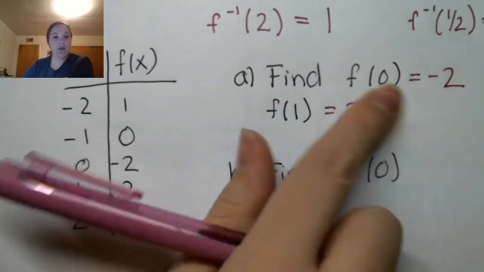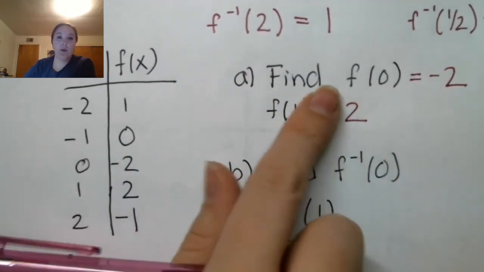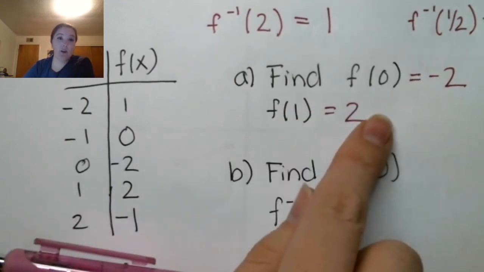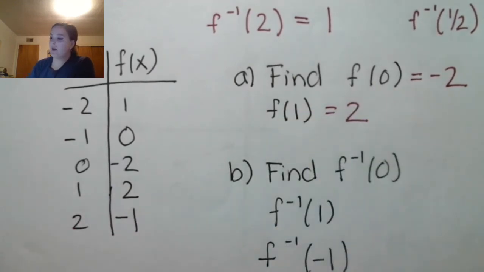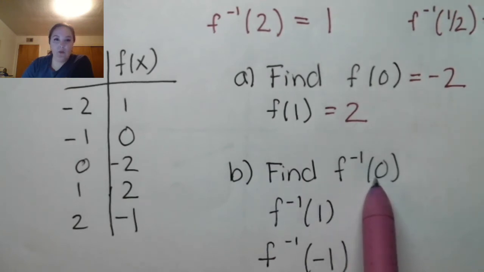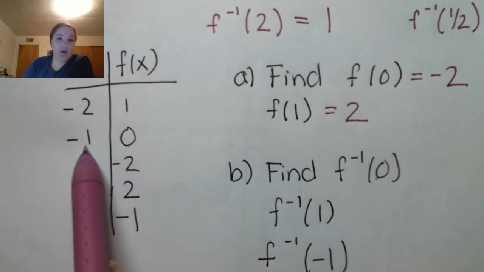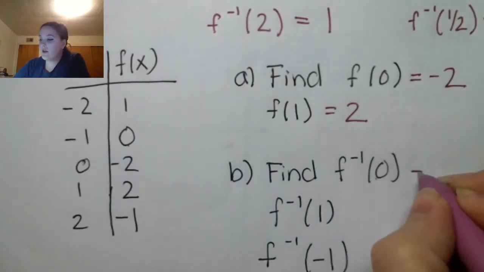This is just a review example so that you guys don't forget that we also know how to evaluate just the function at these values. Now we're going to look at the inverse function. So this is an output value. So here's our output value of 0, and we're going to give the corresponding x value, which is -1.